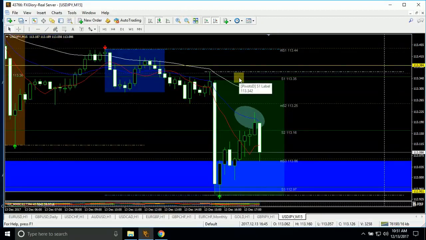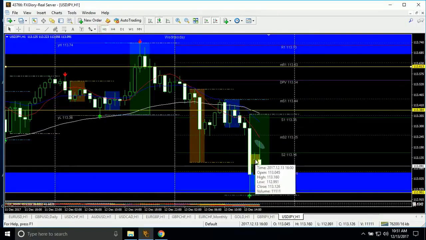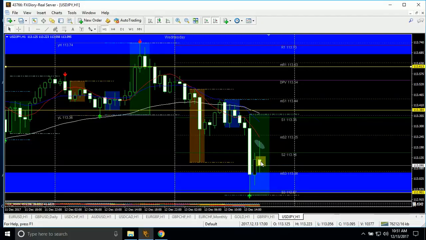The previous hour gave me the signal, the alert. This candle closed. I knew that this candle needed to come back down here to continue this downtrend. It's not going to close way back up here due to the fact that traders were trapped here and now they're trapped here. So traders are trapped in this zone right in here.